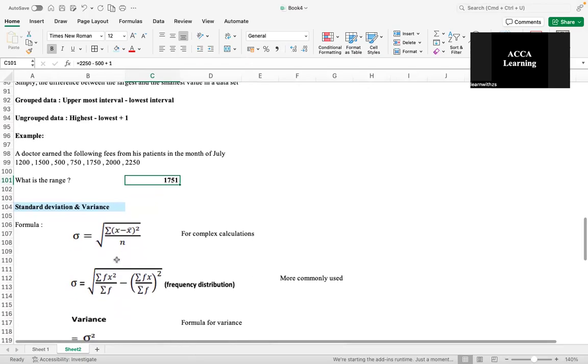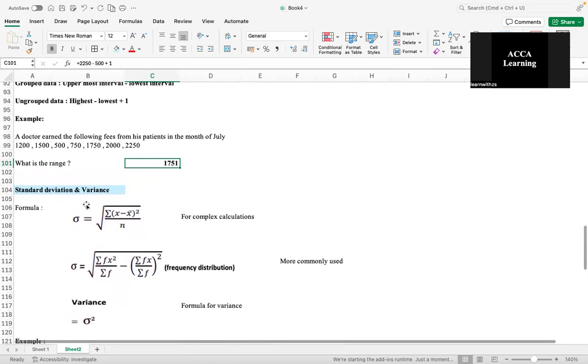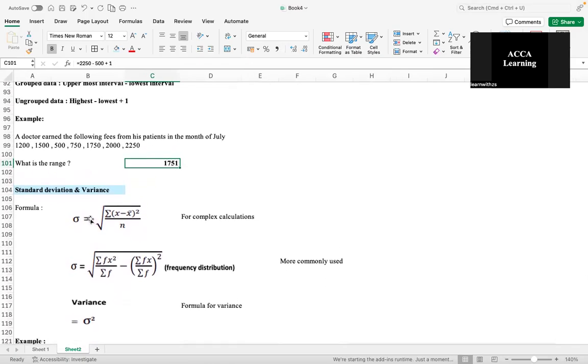Now let's talk about the concept called standard deviation and variance. All right. So what is standard deviation? Standard deviation, basically, it measures the square root of the variance, okay, representing the average distance between each data point and the mean. It is based on the idea that the spread of a particular data set can be presented how?